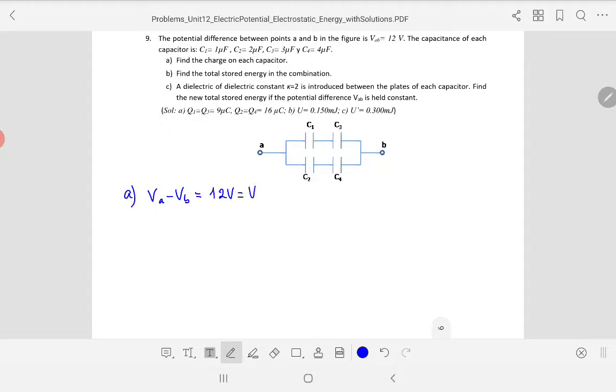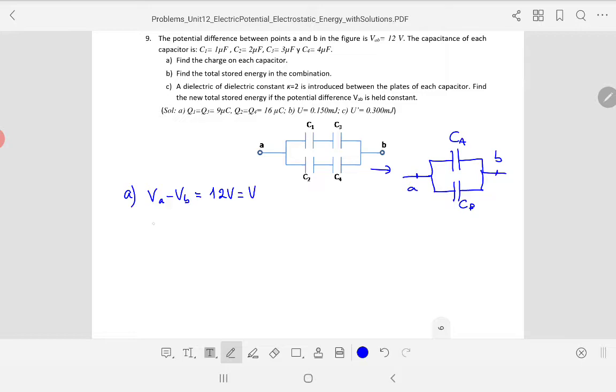It's what we normally call V. So we're going to focus on the upper part, and we're going to look for the equivalent capacity. So we want to go to something that looks like this. This is point A. This is the equivalent capacity of the upper branch. This is the equivalent capacity of the lower branch, and this is point B. If we want, we can call this capacitor A, and this is going to be capacitor B.